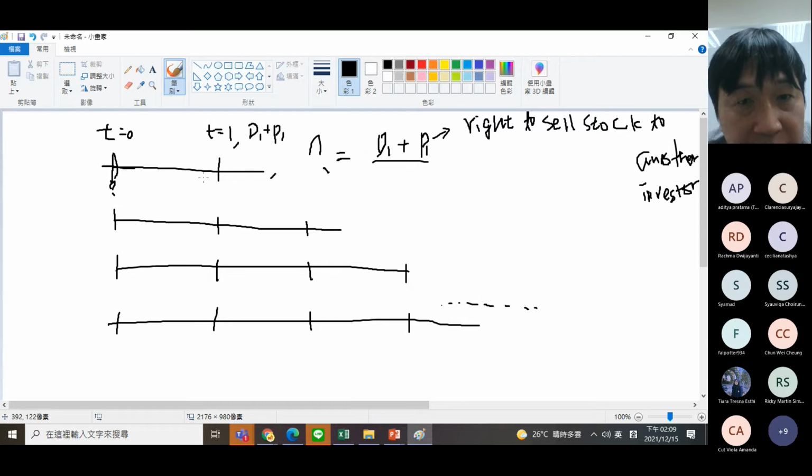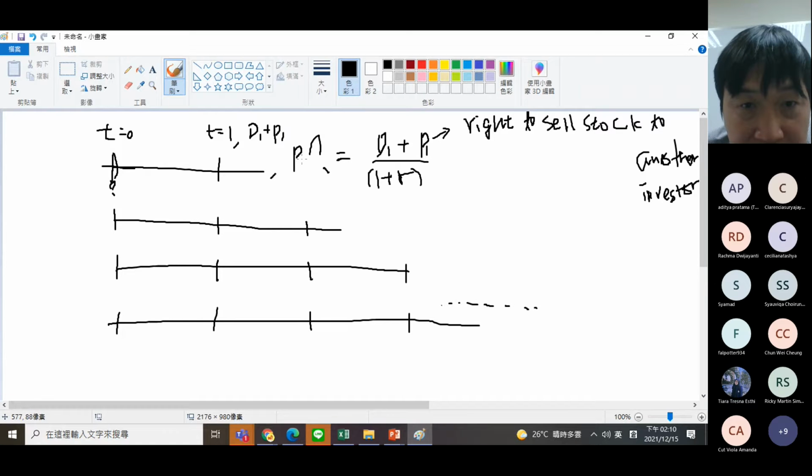So you need to multiply that by the discount rate. Here we suppose that our discount rate is 1 plus r. That is your current value, so P0.